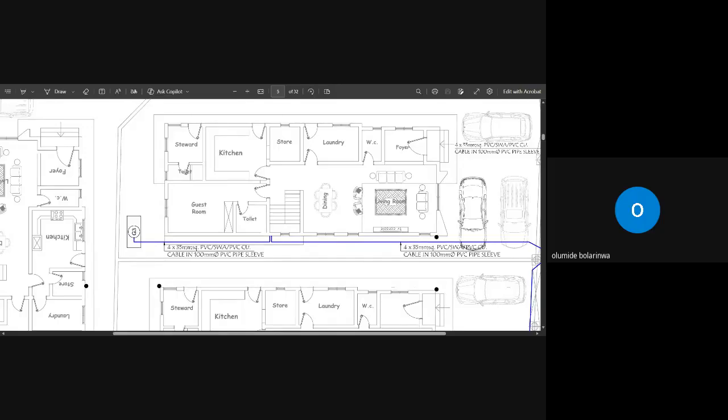Are we there? We are not there. Explanation has been given. From your generator, termination of your cable is 2 meters.